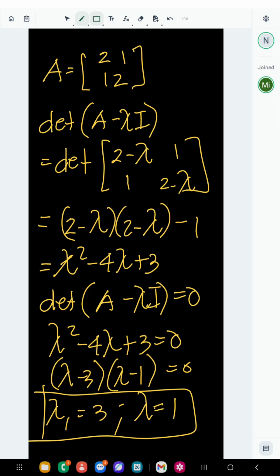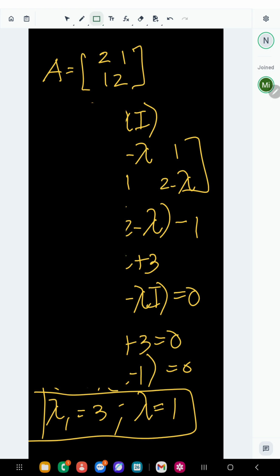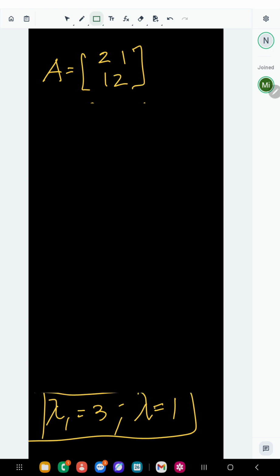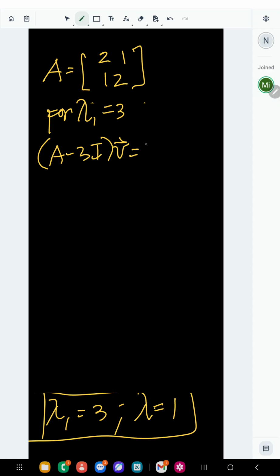And now we find the eigenvectors. So for lambda 1 equals 3, you find the eigenvectors here. This is the formula, and then your matrix there.